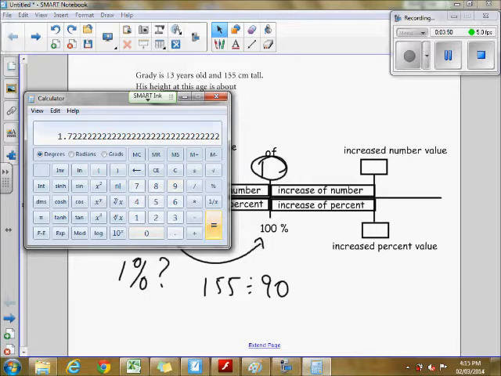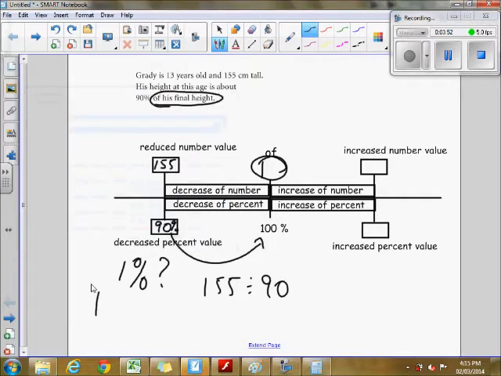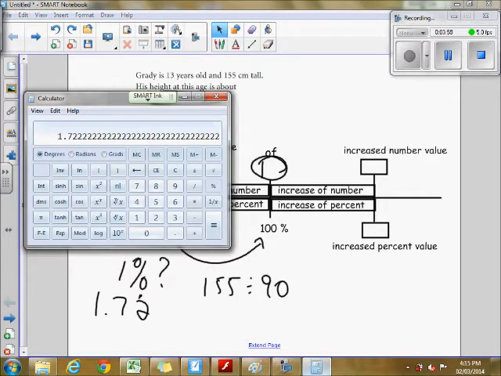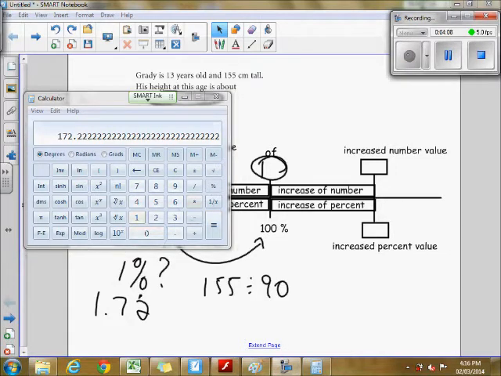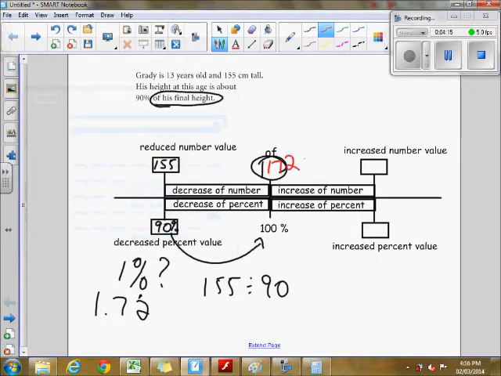Well, that's 1%. That's 1.72 repeating. What's 100%? So we times that by 100. Gives 172.22. So 172.22 is about 172 centimeters.